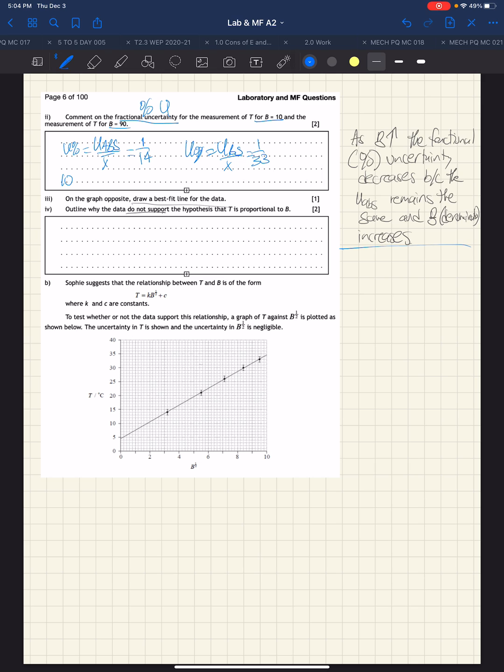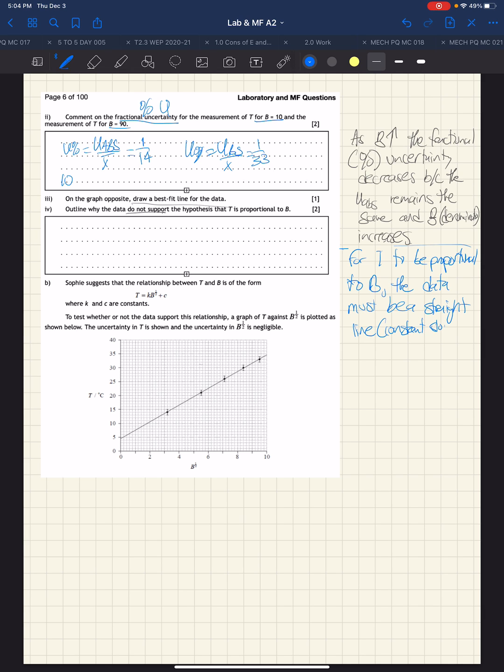For T to be proportional to B, the data must be a straight line, and what makes a line straight is constant slope.